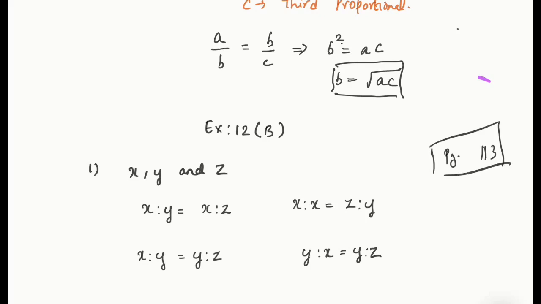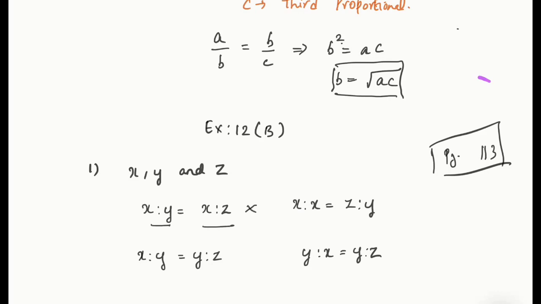Okay. Now tell me which of this following is true. What was the conditions we learned? A, B, C. So you can consider y as B, x as A, and z as C. So y is the middle term, right? Y should be the middle term, that is the mean proportional. So which of this equation we have like that? Here we have x is to y and x is to z.